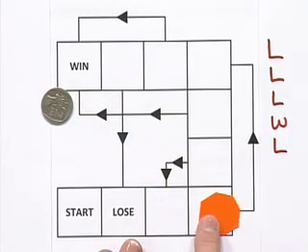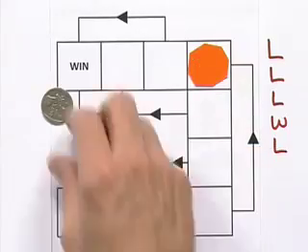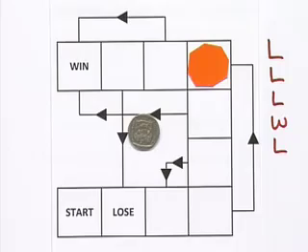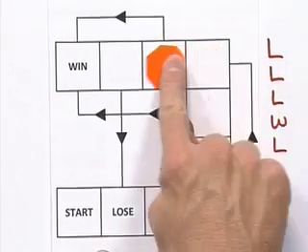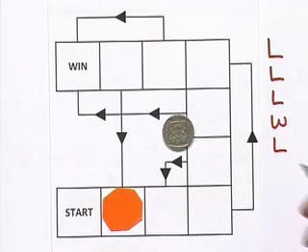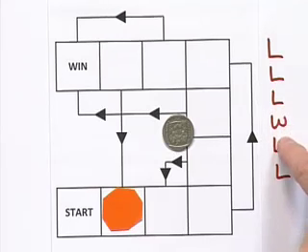A head, 1, and follow the arrow to the top. Spin our coin again. We get a tail, 1, 2, and I'm afraid we have to follow the arrow to lose. At this stage we've played 1, 2, 3, 4, 5, 6 games, and we've only won 1.